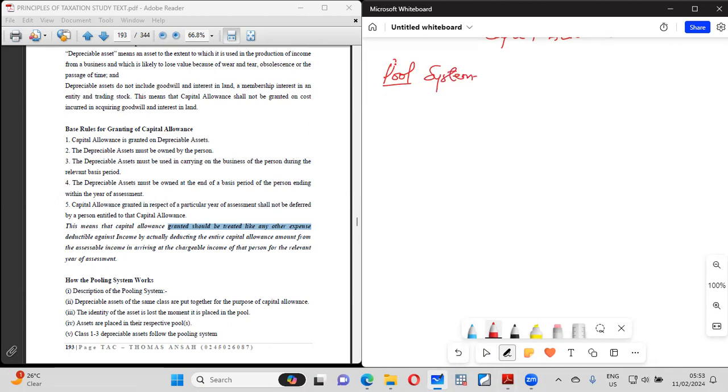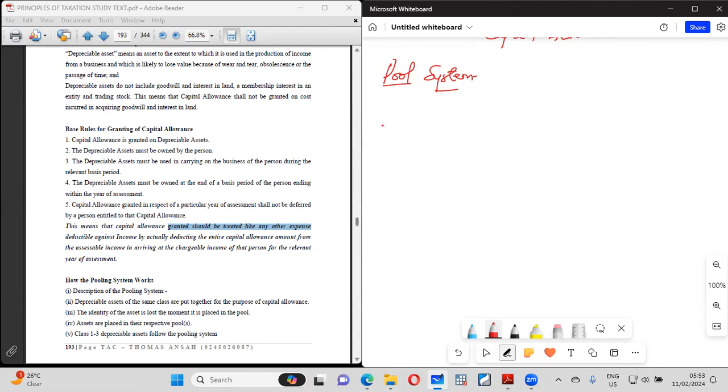The pool system means that if you have assets in the same class, like the way in financial reporting we do PPE, for the purpose of capital allowance we put them together. So you put assets in the same class together for the purposes of what? Capital allowance.